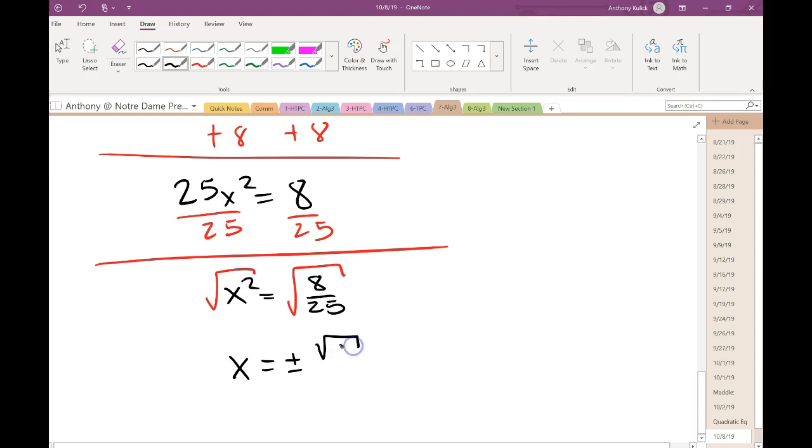Thank you. And now to square root 8/25, I'm going to square root the 8, which is not a perfect square, and square root the 25, which is just 5. Now, we can do a little bit better than the square root of 8.